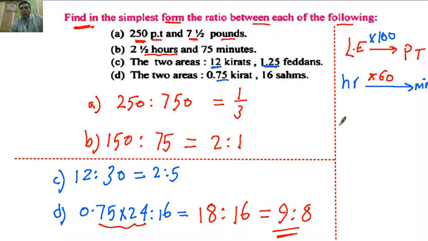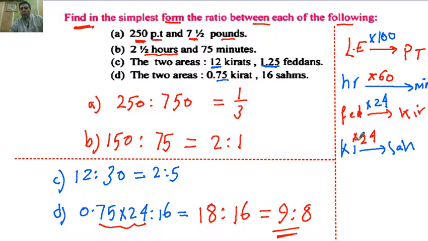From feddan to kirat, 1 feddan equals 24 kirat. From kirat to sahm, we must multiply by 24. We must learn this information.